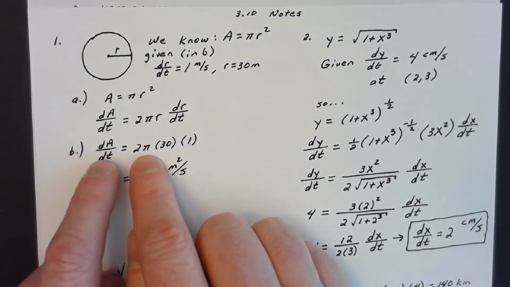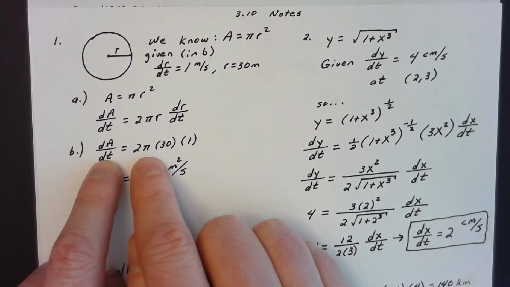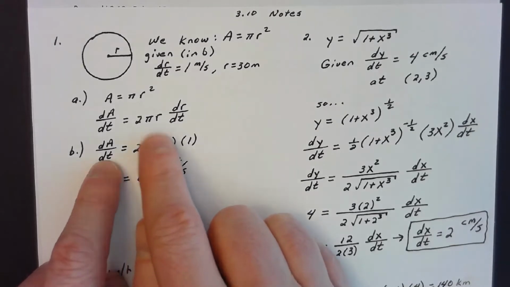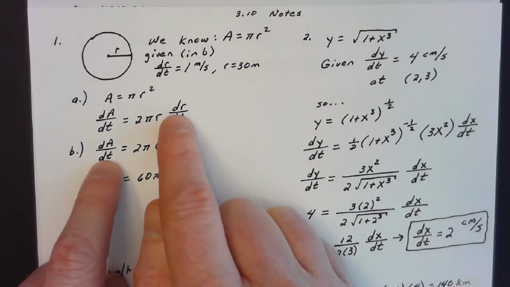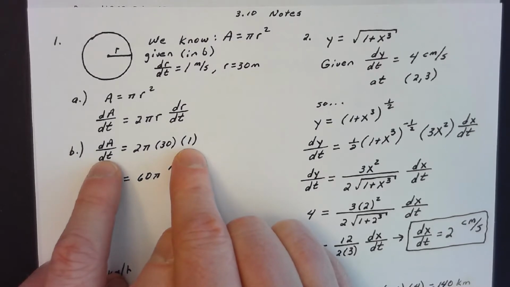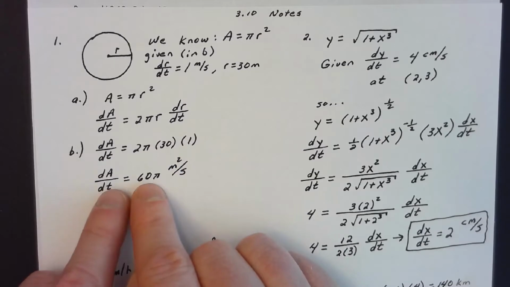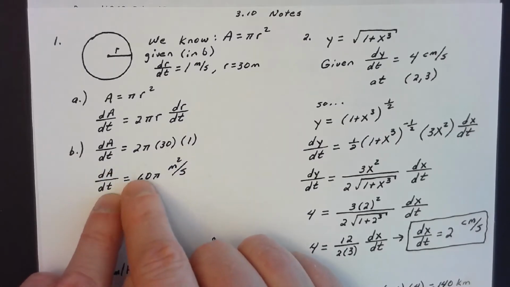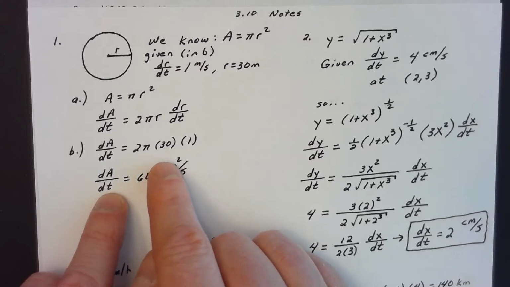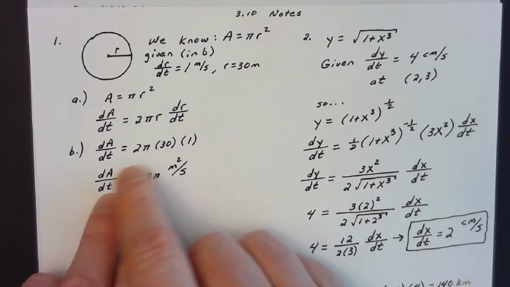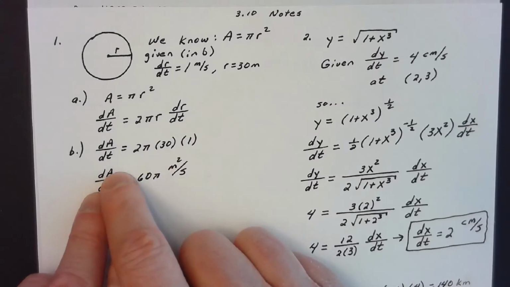The area is increasing at a rate, with respect to time, of 2 pi times r. Well, r was 30 meters, and dr/dt was 1 meter per second. I multiply that out, and I can see that the area of the oil spill is increasing at a rate of 60 pi square meters per second. Notice that square meters, that's the change in the area.